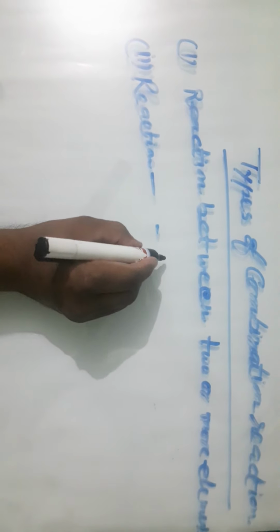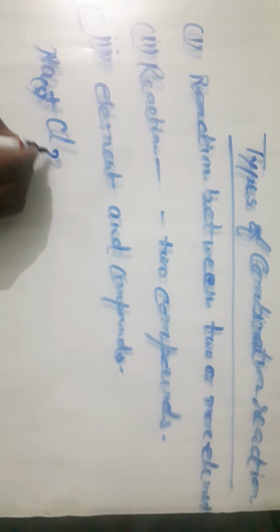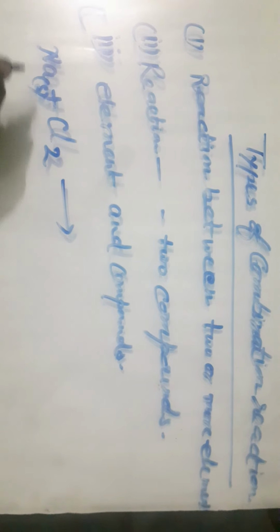First of all, we take the type reaction between two or more elements, for example sodium. It is an element in solid form, and another is the chlorine element, Cl2.